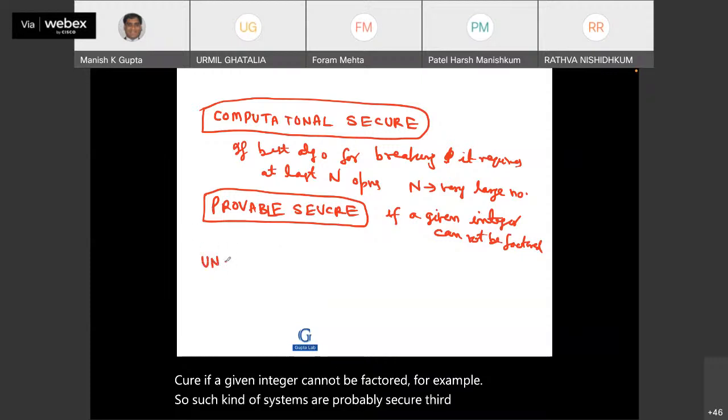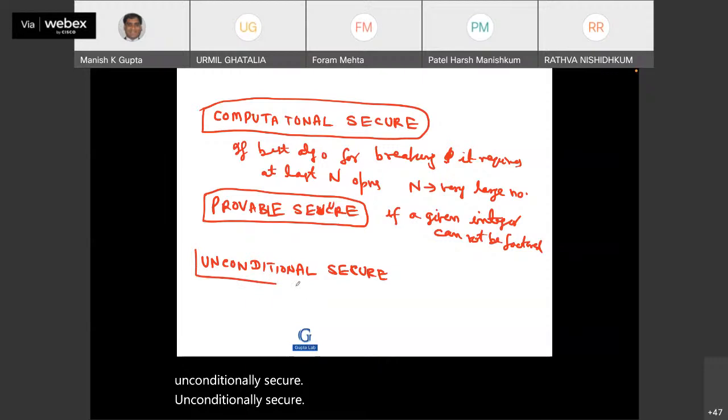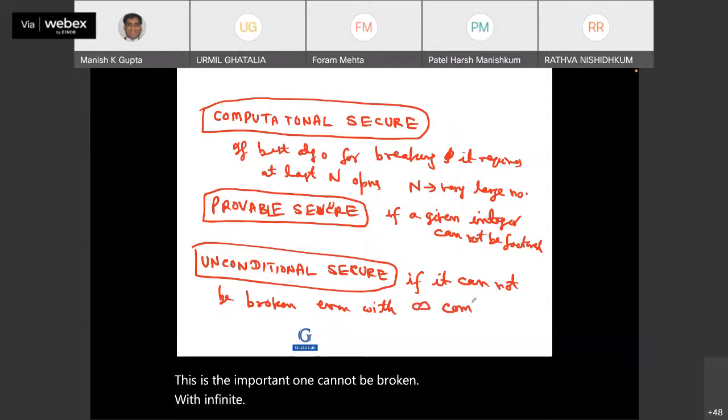Third is unconditionally secure. This is the important one: it cannot be broken even with infinite computational resources.